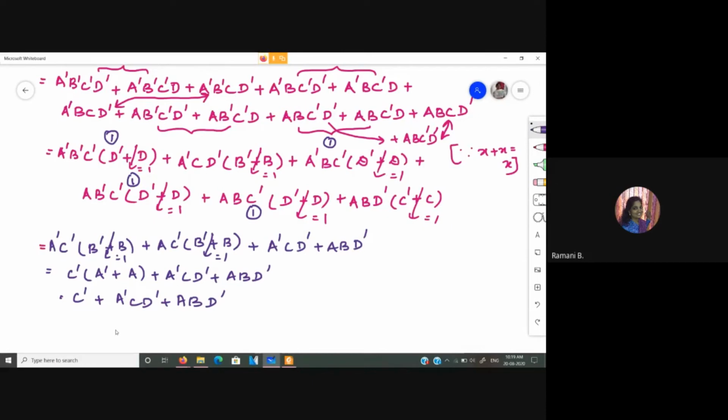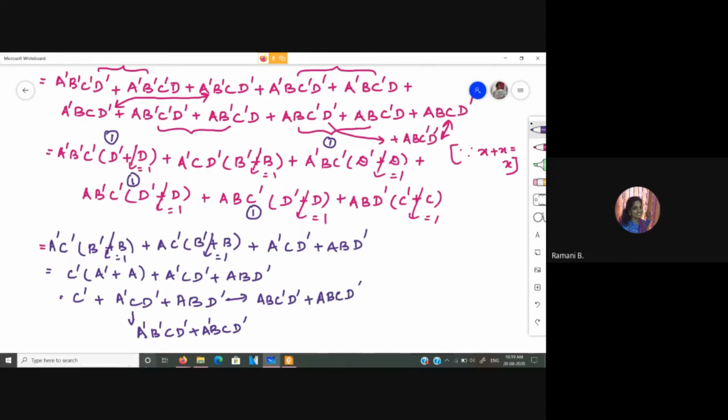So this particular term is a result of a bar b bar c d bar and a bar b c d bar, and this term is the result of a b c bar d bar and a b c d bar.